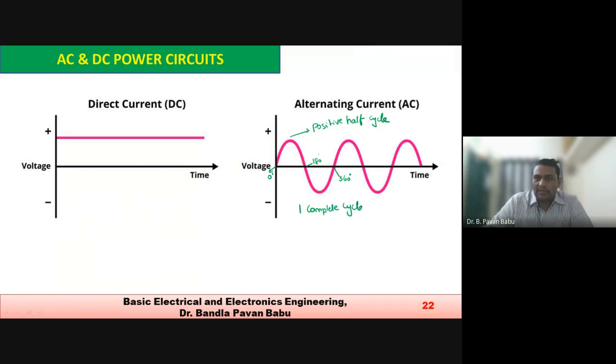What is called one complete cycle? One positive half cycle plus one negative half cycle gives one complete cycle, which is 360 degrees. The positive half cycle spans 180 degrees, and the negative half cycle spans 180 degrees, so the total is 360 degrees.